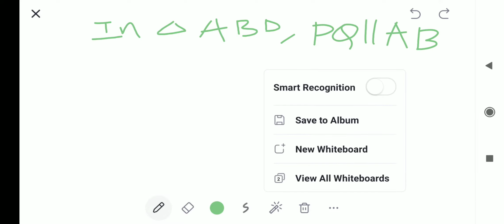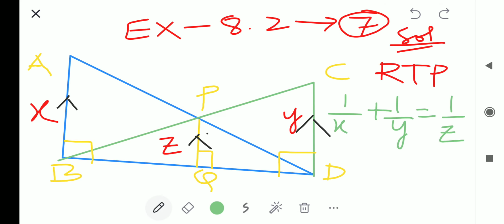When PQ is drawn parallel to AB, what happens? Angle Q will be equal to angle B because they are corresponding angles. Angle P is equal to angle A because they are corresponding angles. Angle D is the common angle for both triangles. So we can say that ABD and PQD are two similar triangles.